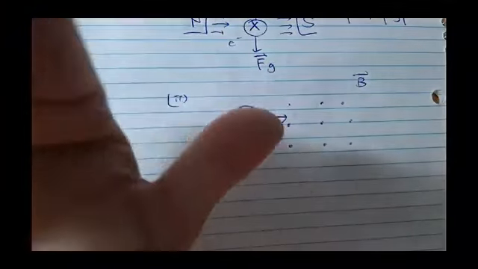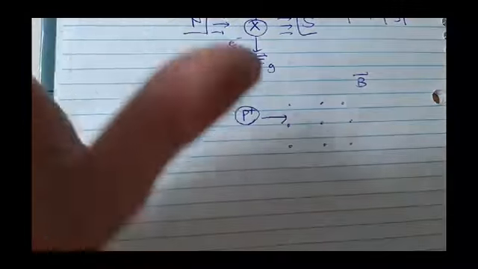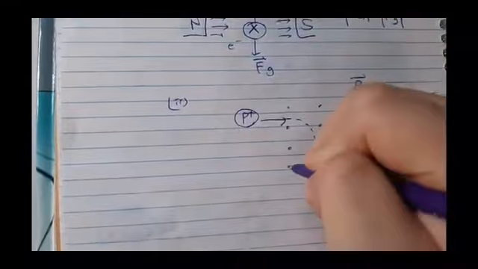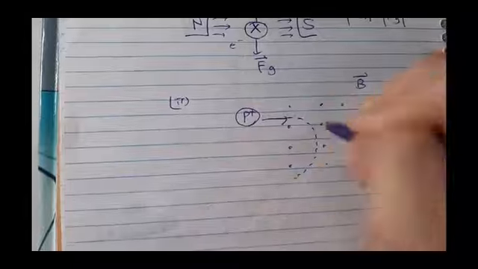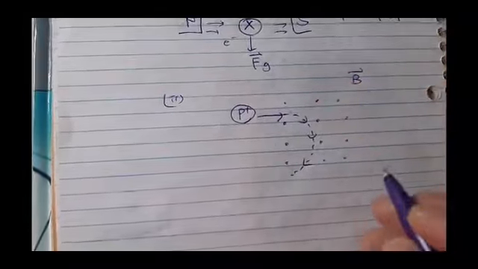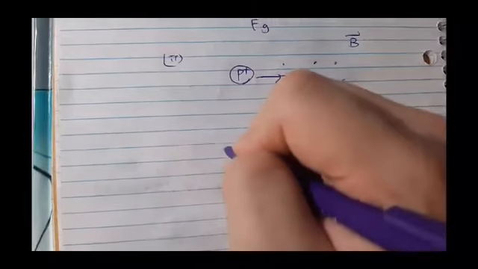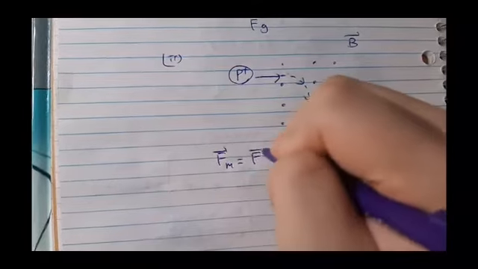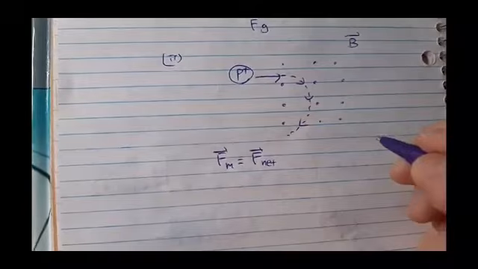So thumb's going there, my forefinger is out of the page, which is really hard to visualize, but my palm is going down in that situation. And what's going to happen is it's going to make a circular motion. And in terms of force perspective, that is really interesting because that means my magnetic force is everything that I have in this system and is equal to my net force.